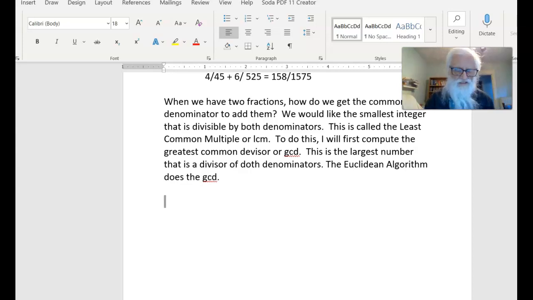So I'm going to take as an example 25 and 35 as the two denominators.